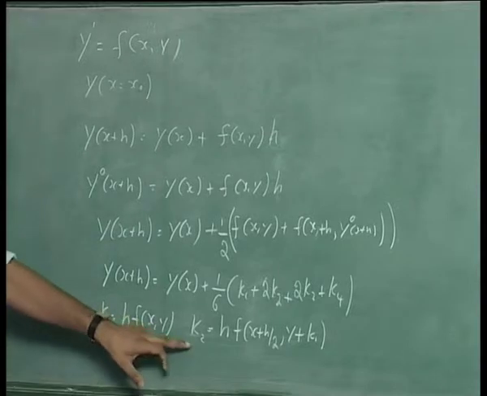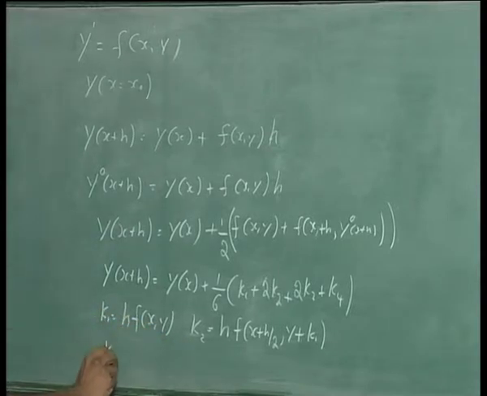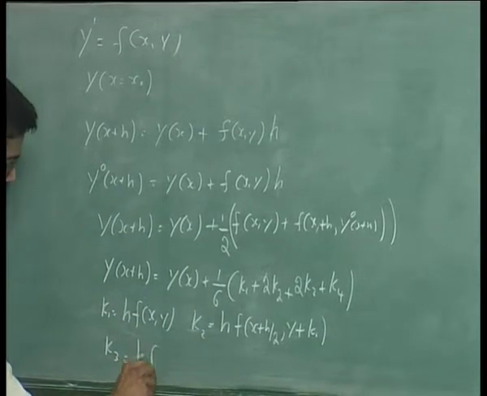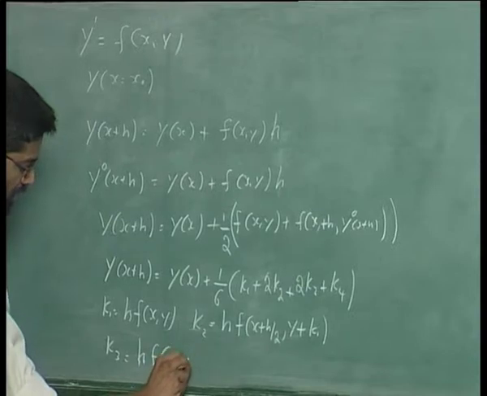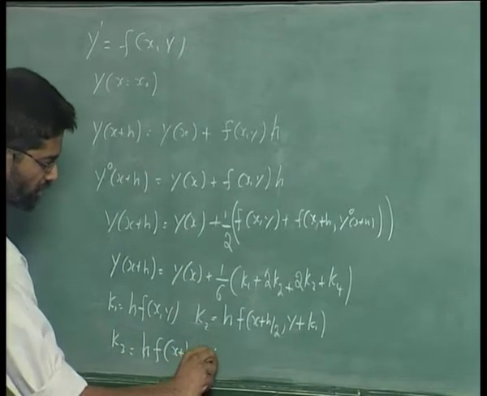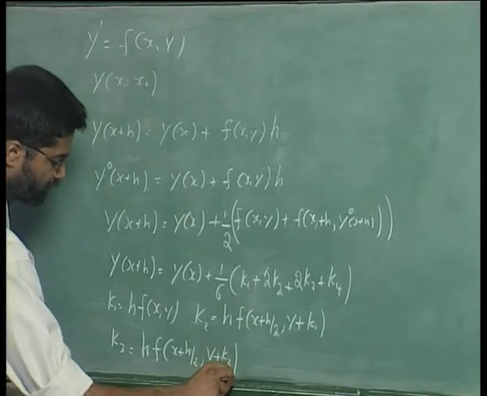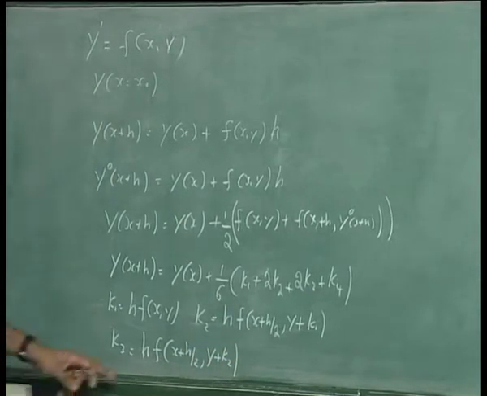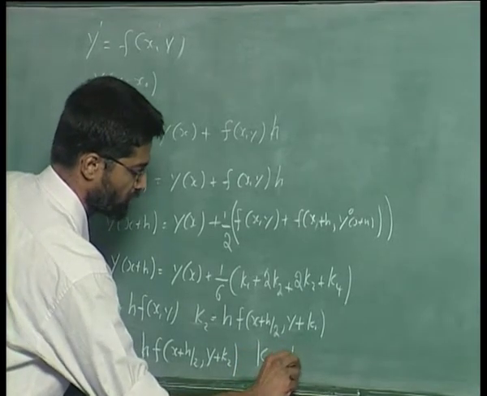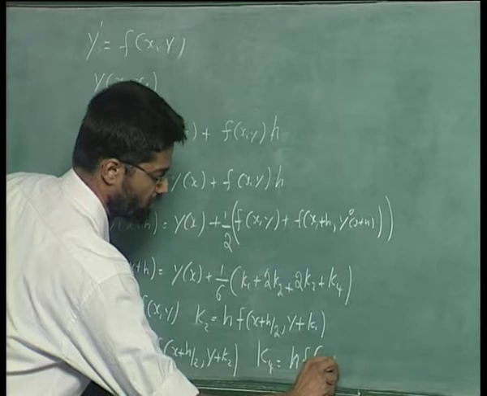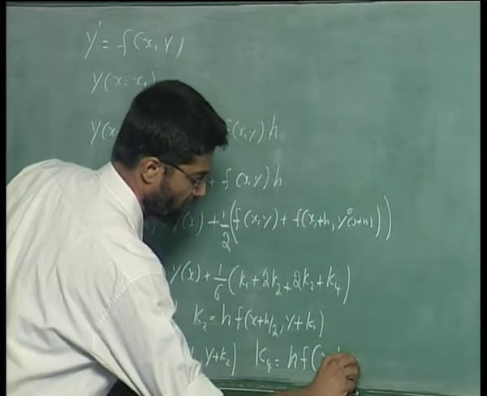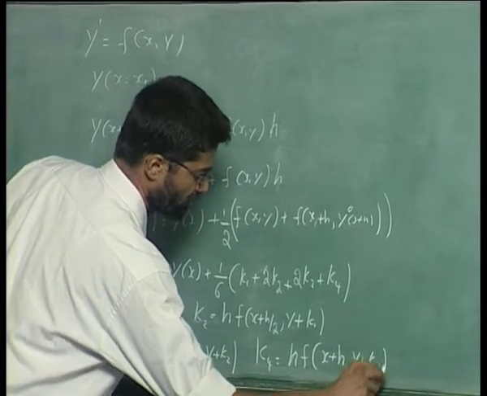And similarly k3 was h times f evaluated at x plus h by 2 and y plus k2. And then k4 was h times the function evaluated at x plus h now, and y plus k3.